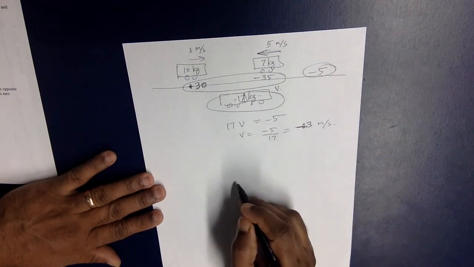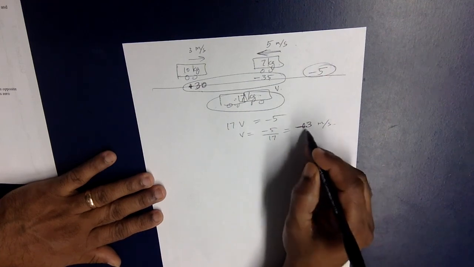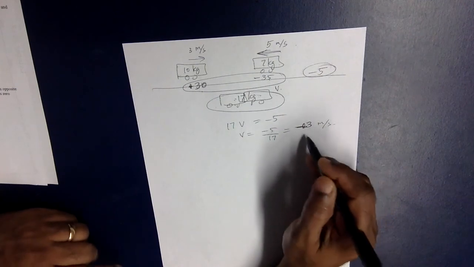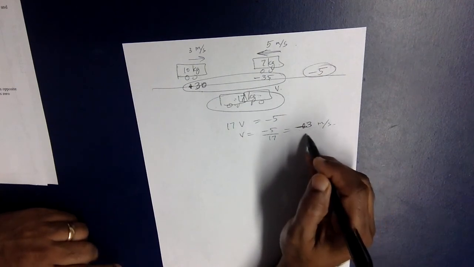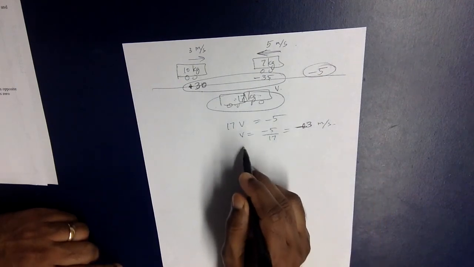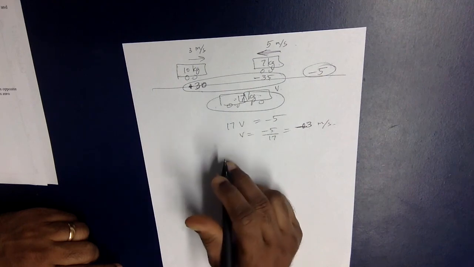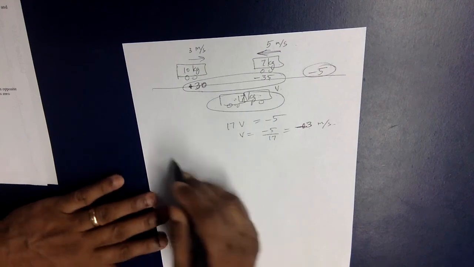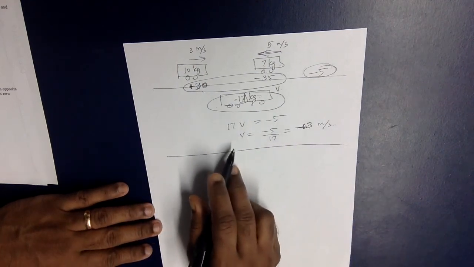It is 0.3. Okay, so it is moving to the left at 0.3 meters per second. So that is a concept that you should be having, and pretty much it. So you should be pretty good with this.